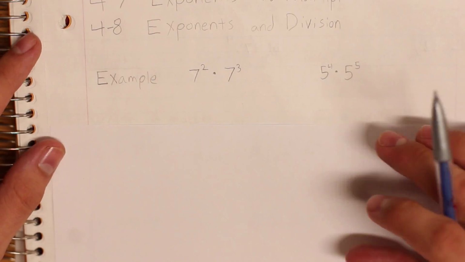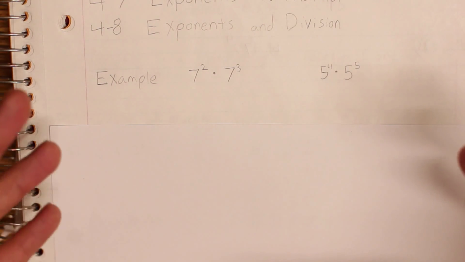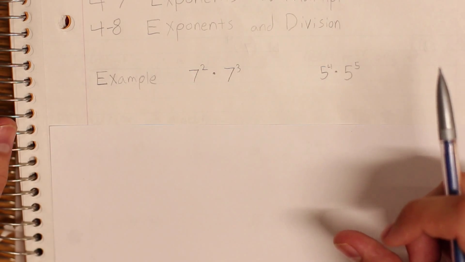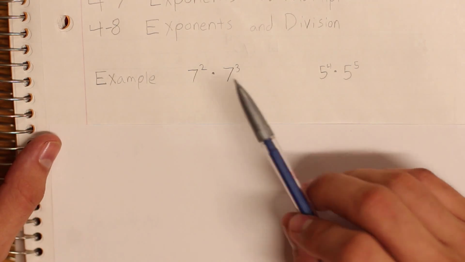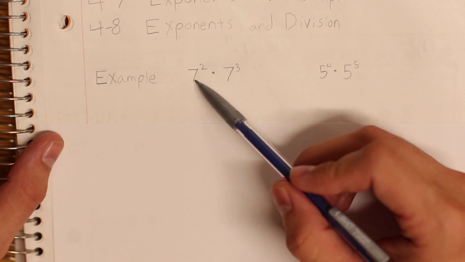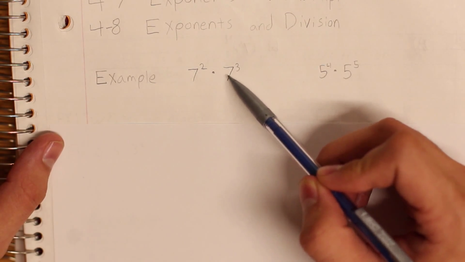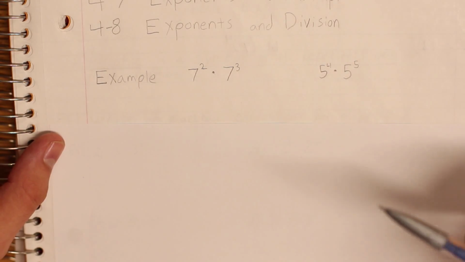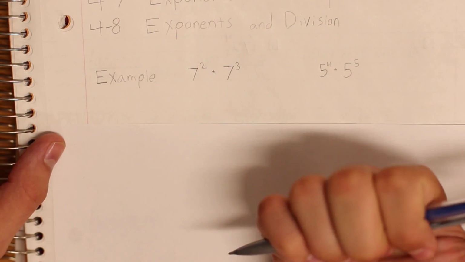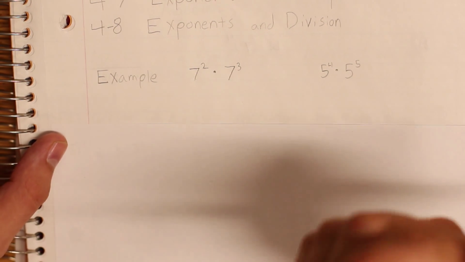If you were told to simplify this, basically make it simpler, and you were told to do so using exponents, how would you write this? Well, let's write it out and see what it looks like.